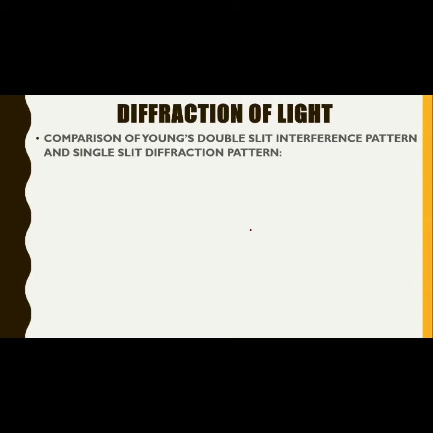So let's start with Young's double slit experiment. It has been a long time, but we will still be able to recollect these points. First, when we consider the slits which were used, as the name itself suggests, it's a double slit experiment, so obviously it will have two slits as opposed to the single slit.